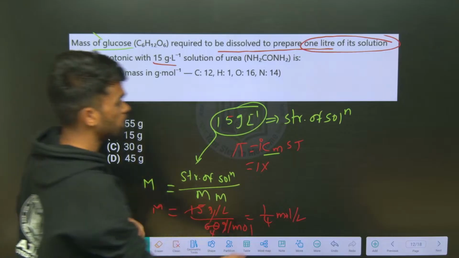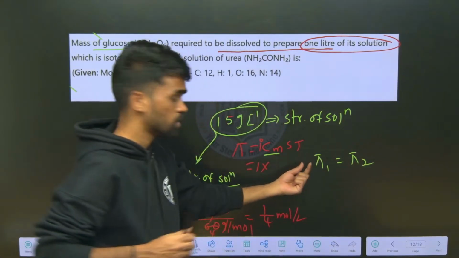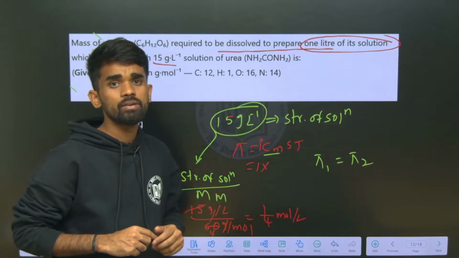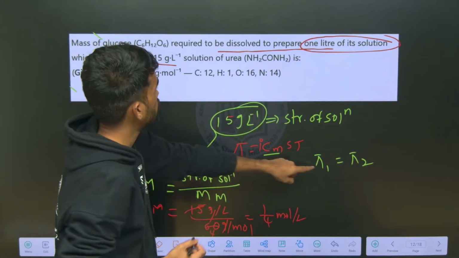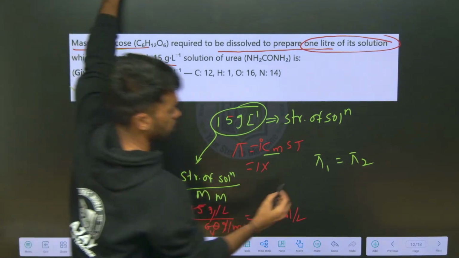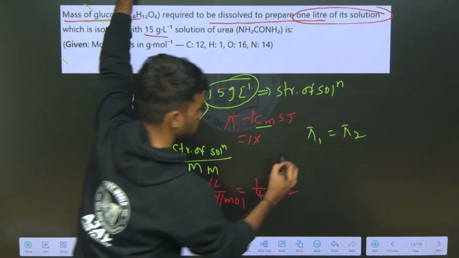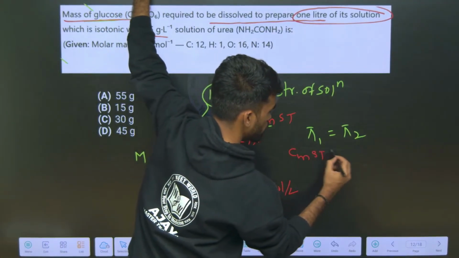Now isotonic means what? Pi 1 should be equal to pi 2. It means the osmotic pressure of glucose and urea should be equal. So you can take the formula like this: C S T of glucose equals C S T of urea.